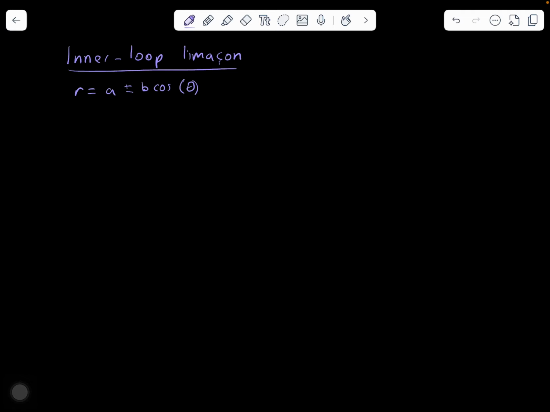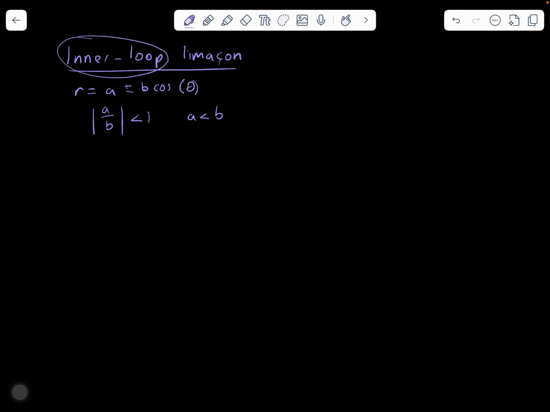So an inner loop limaçon is where the absolute value of A over B is less than 1, which basically just means that A is less than B. This creates a similar cardioid shape, but there's going to be an inner loop.